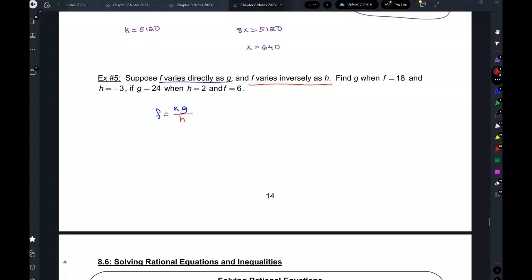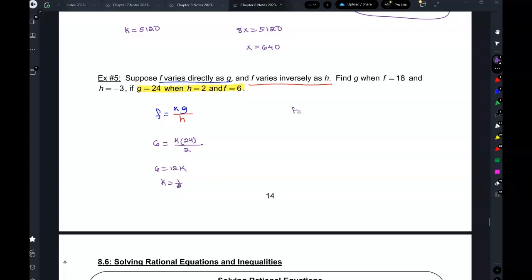Okay? Now, find g when f is 18 and h is negative 3, if g is 24 when h is 2 and f is 6. So you always have to find the one that gives you the most information, plug it in, and get your k. So f is 6, equal to k times 24 over 2. So 6 equals 12k. k is a half.